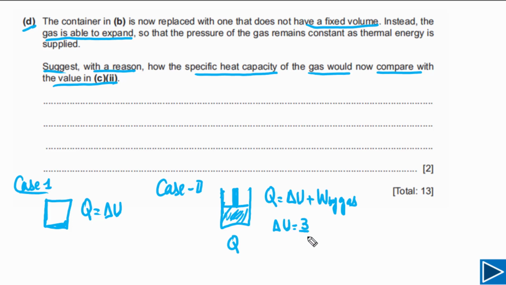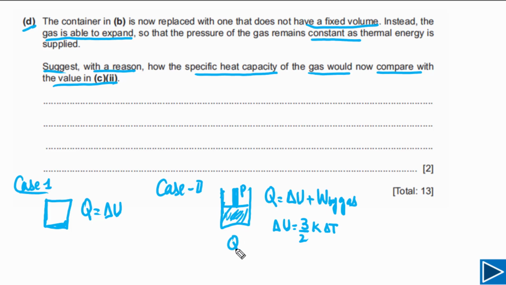So we have discussed before, delta U is equal to 3/2 k times delta T. Now in order to increase the same temperature, we have to give more Q, because in this case gas is also doing work, which means gas will do work against the atmosphere, because it is given to us the pressure remains constant. So P remains constant in this case, the pressure of the gas, and that will be equal to the atmosphere. So this gas will go on expanding.